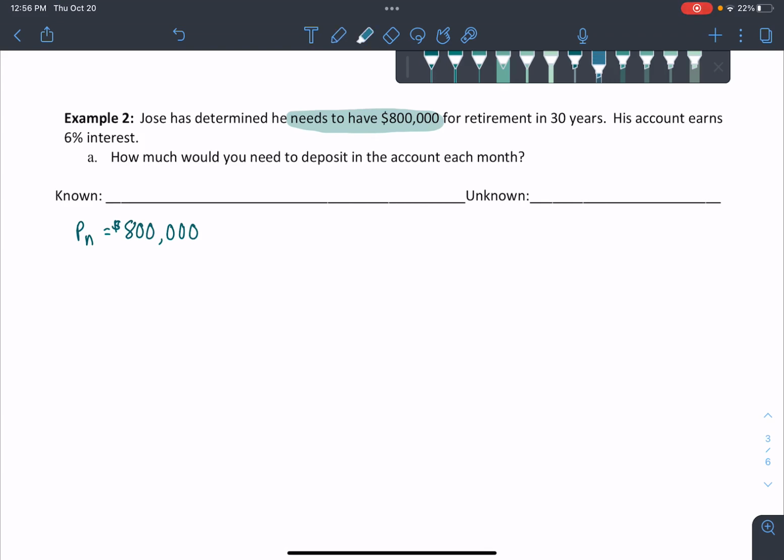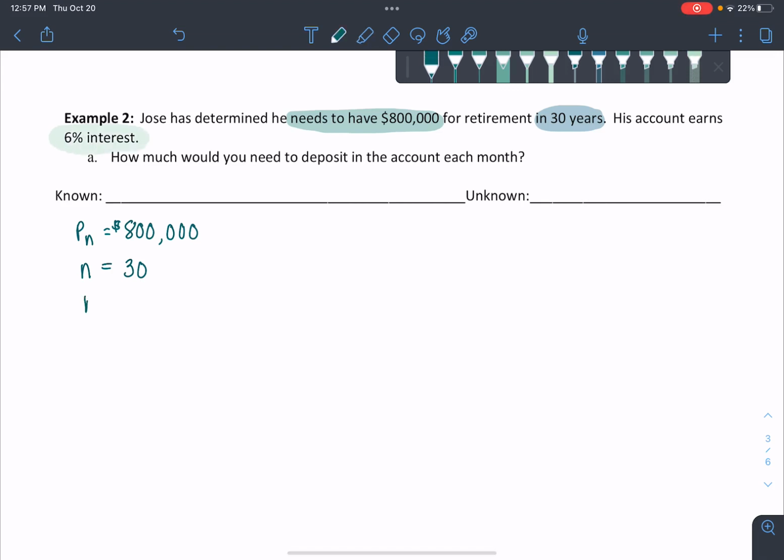Okay? So, 800,000 for retirement in 30 years. So, what does that represent? That is my N. So, N equals 30 years. Okay? Next, his account earns 6% interest.